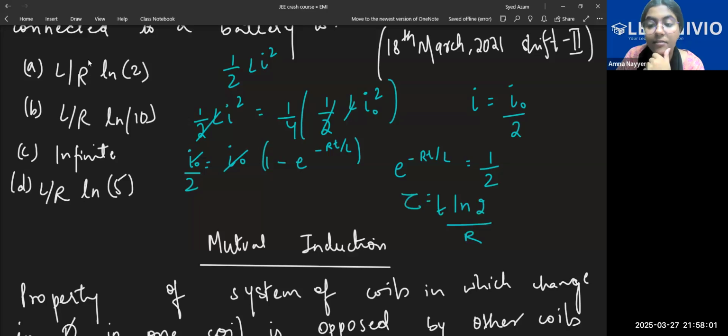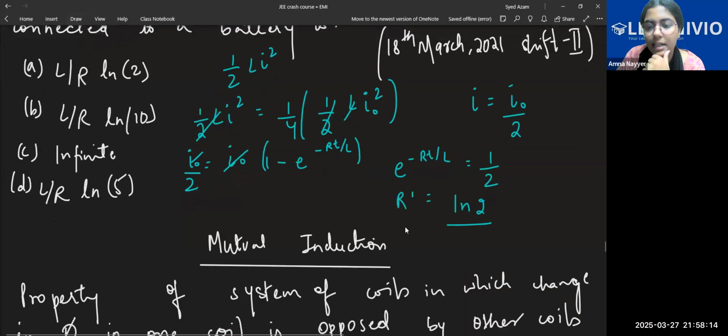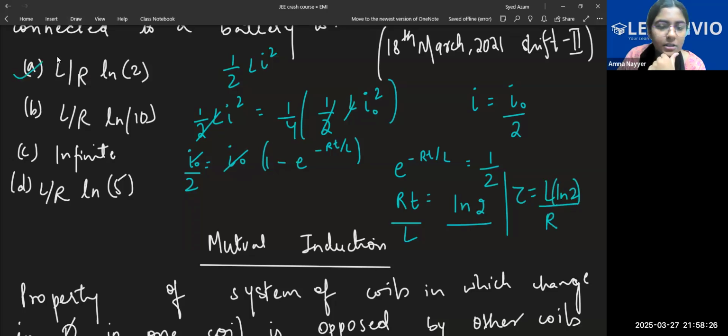So time will come here, L will go there. See, we have RT by L, so L will go here, R will come here. So time is L log 2 by R. So this is option A.